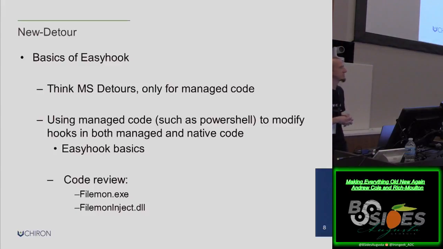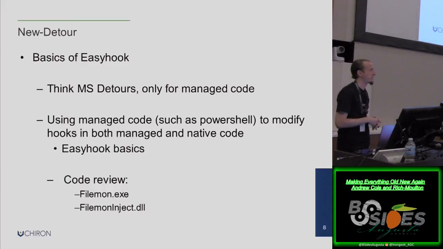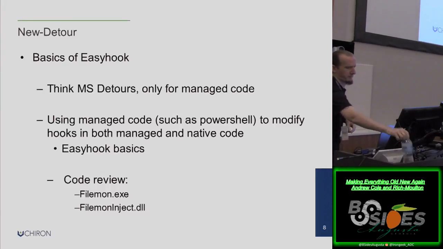It's kind of like Microsoft Detours, but for managed code. It allows you to hook native or managed code from managed code. So using VisualBasic.net, C#, C++, or PowerShell, you can create hooks into native or managed code.